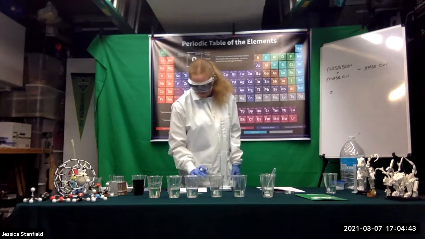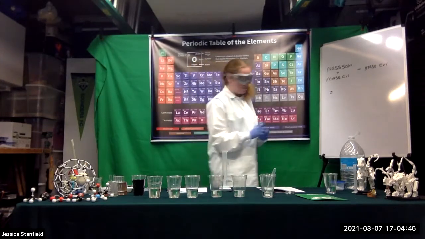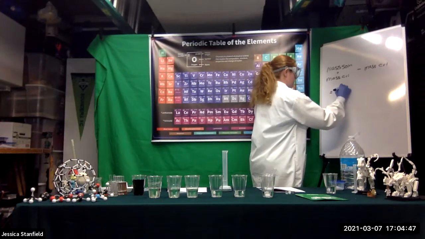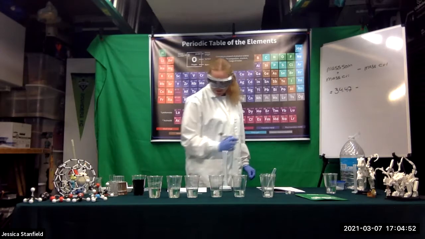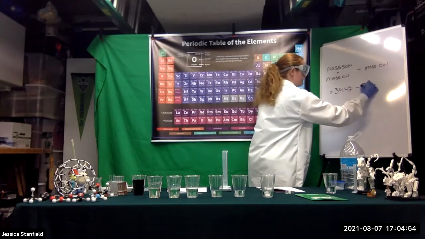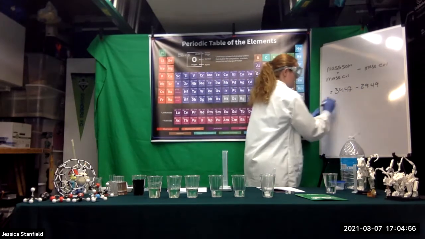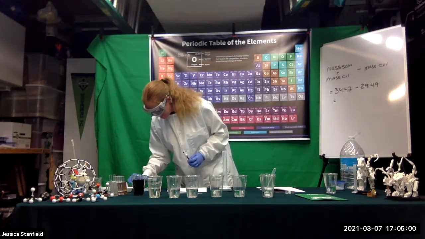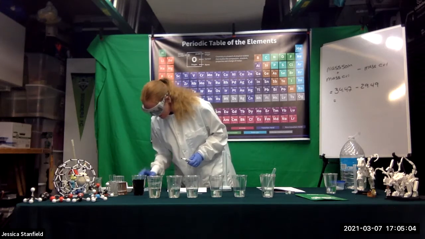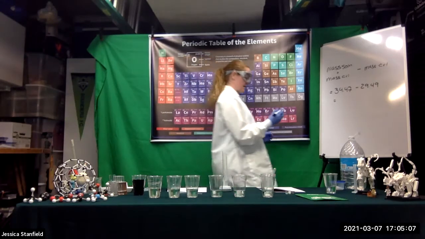So for my 5 mil volume, I'm going to take 34.47 minus 29.49. Okay, so 34.47 minus the 29.49, and I'm going to get 4.98.